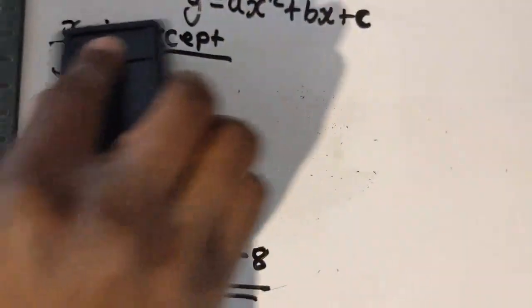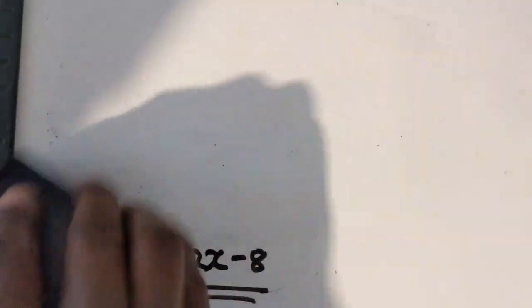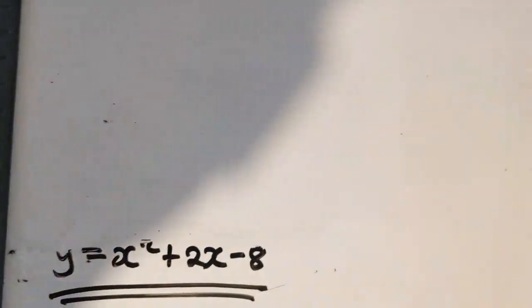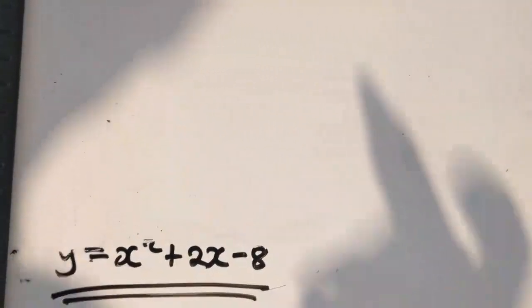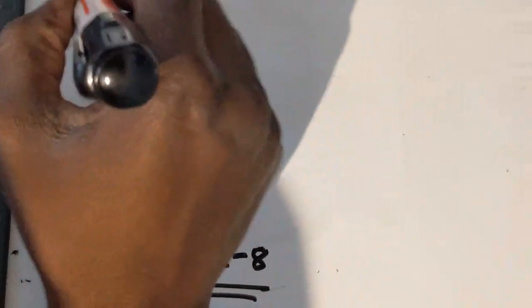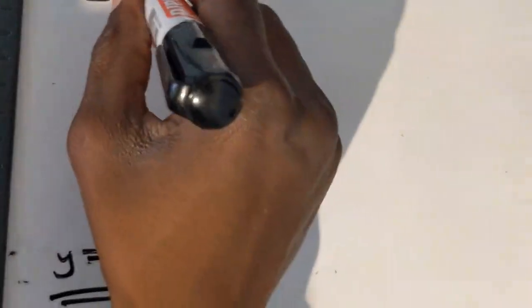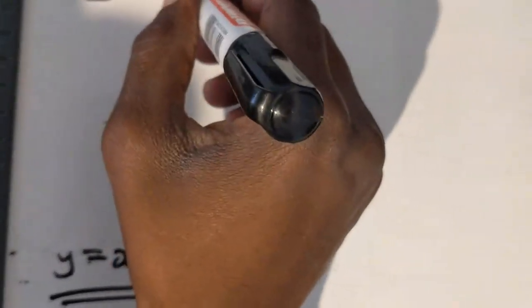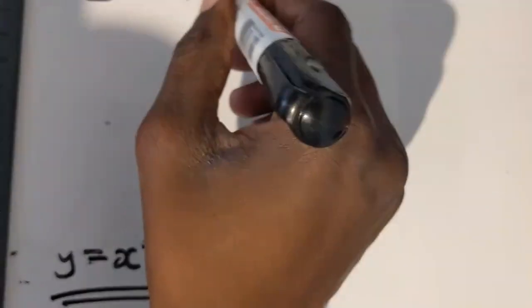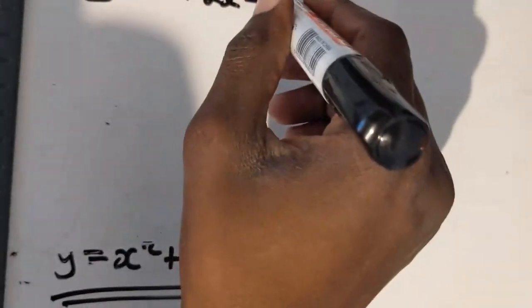Since we have the equation, our equation is y is equal to x squared plus 2x minus 8, like that.